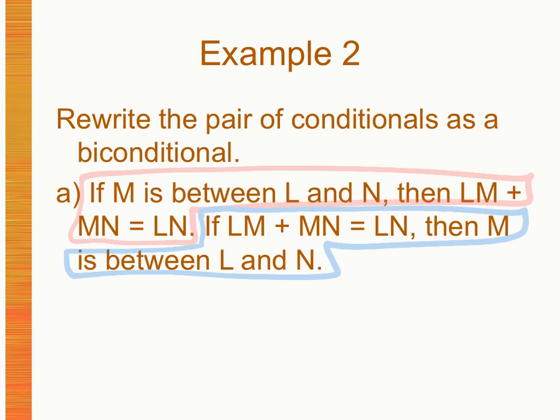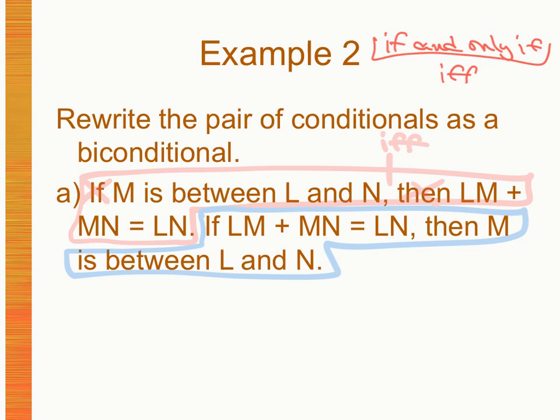For the biconditional, we're going to take out the word if and insert the words if and only if. Now, a shorthand version for if and only if, you can write IFF. So IFF would be an abbreviation for if and only if.